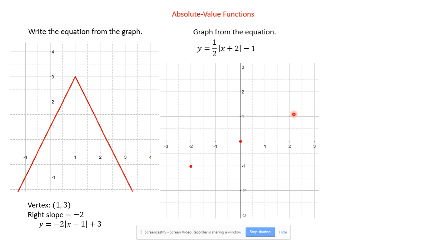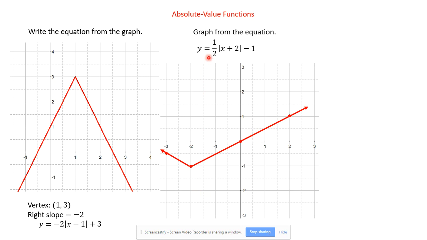Up 1 over 2. On this side, we'd go up 1, backwards 2. But that takes me off my graph. So instead of going up 1, backwards 2, I'm going to go up 1/2, backwards 1. And then we can connect the dots to make that V shape.